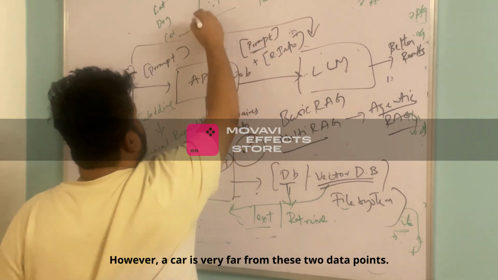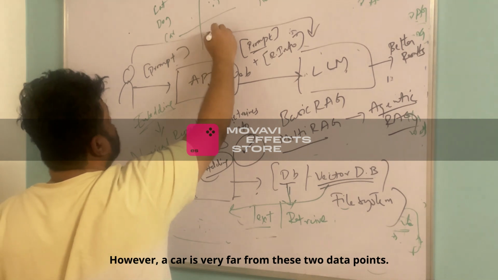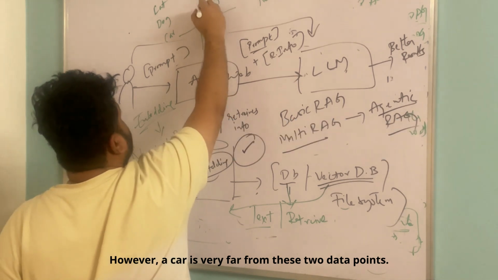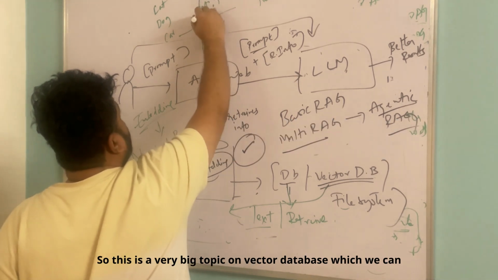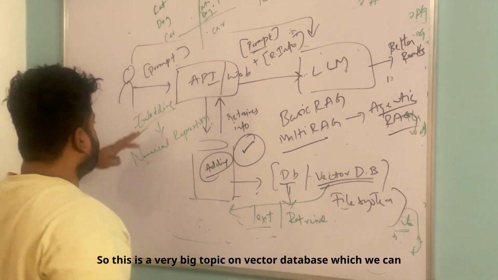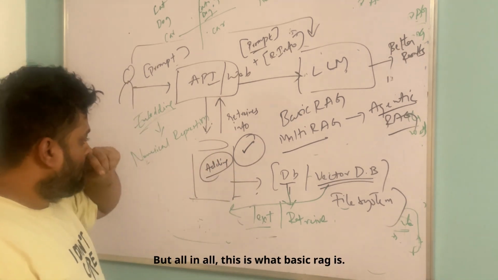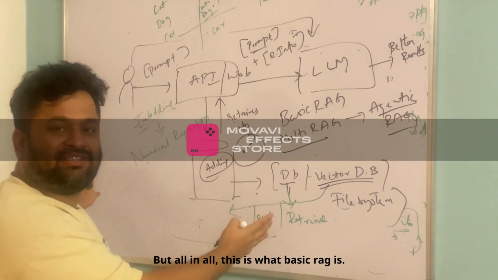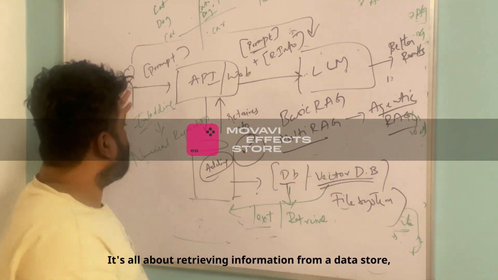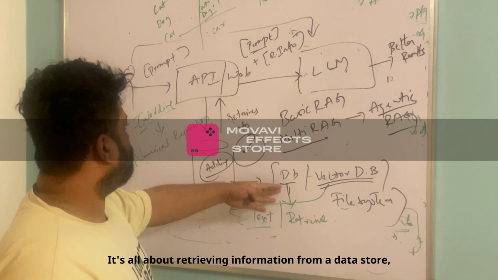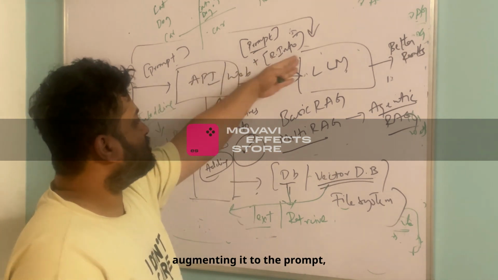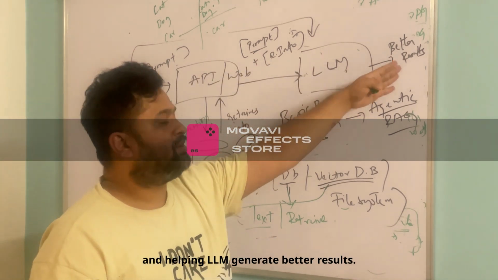However, a car is very far from these two data points. So this is a very big topic on vector databases which we can discuss later. But all in all, this is what basic RAG is. It's all about retrieving information from a data store, augmenting it to the prompt, and helping the LLM generate better results.